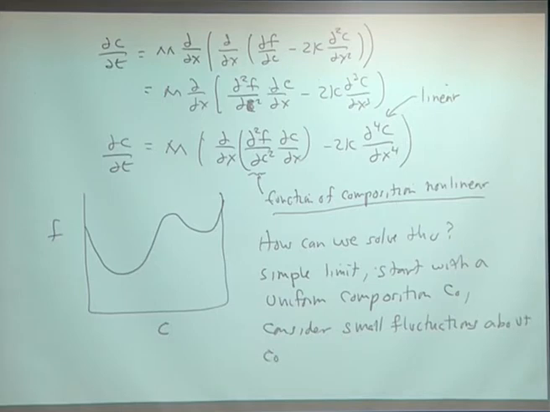So in other words, we're going to consider the case where you start with an alloy of a certain composition C0 and ask the question, will perturbations grow or shrink? And the idea here is that these are going to be small fluctuations. And so that enables us to linearize this Cahn-Hilliard equation up here.